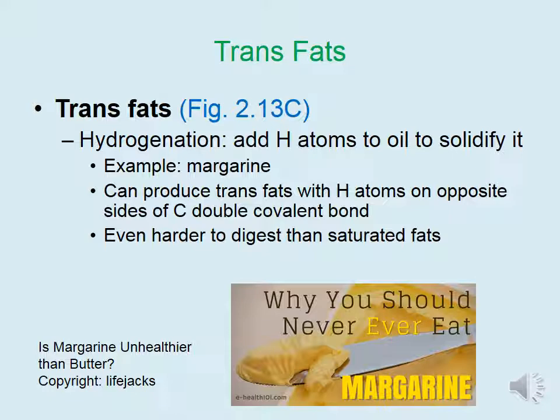Trans means opposite or across. These are not normal bonds that our body recognizes, therefore we have an even harder time digesting these than saturated fats. You should pay attention to nutritional labels. Not only should nutritional labels give the total percentage of fat, they should also give you the breakdown of saturated, unsaturated, and trans fats as well.